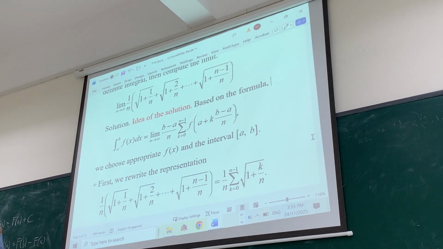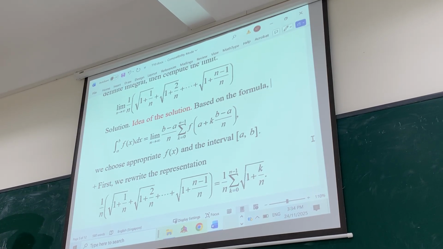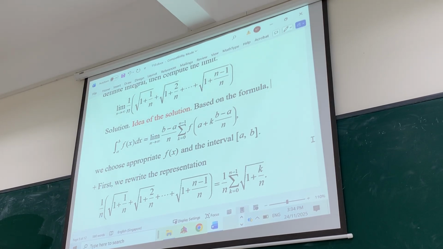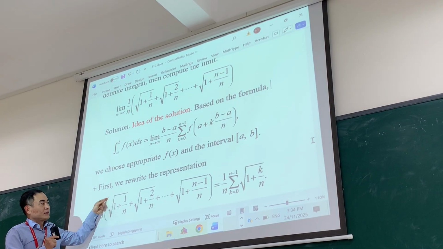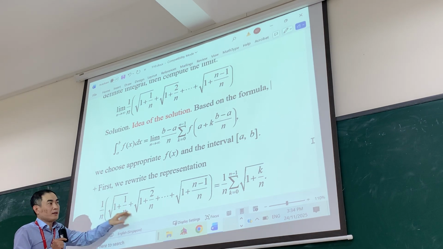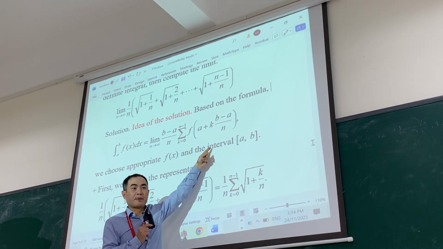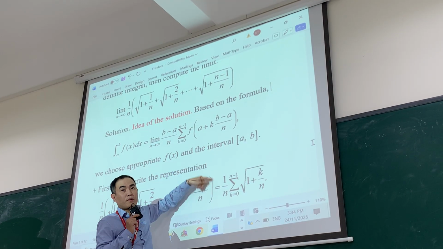Now, how to find the function f and a, b? When we express the expression here by sigma notation, we compare the two formulas here.